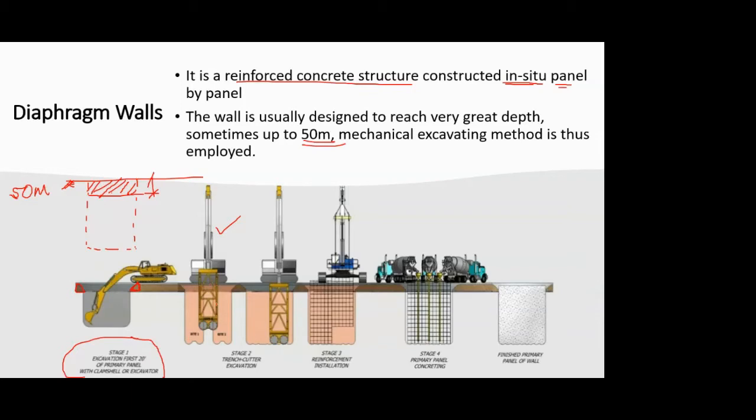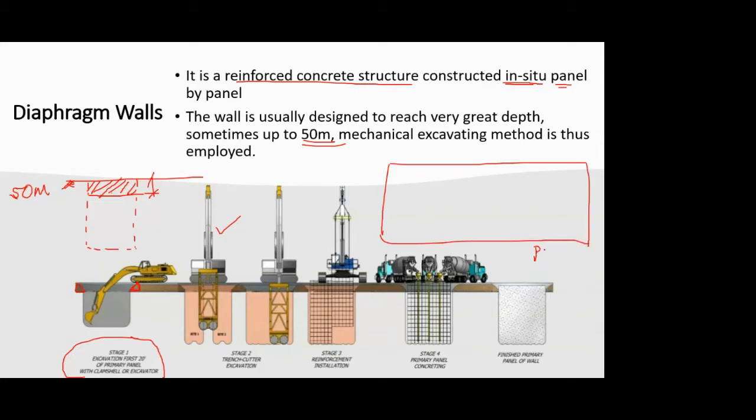Now, I'll also show you the closer view of the actual machine. So from that, you will come to know that this is actually like excavating or removing a piece of soil from a large bulk. So what I'm trying to say is, suppose this is the area I'm concentrating on, right?